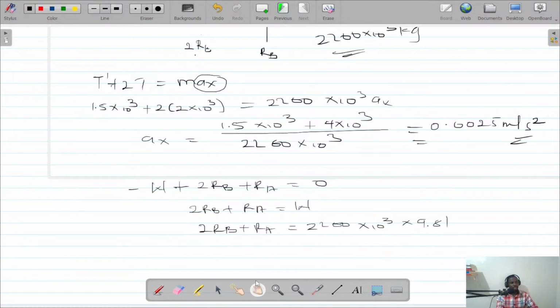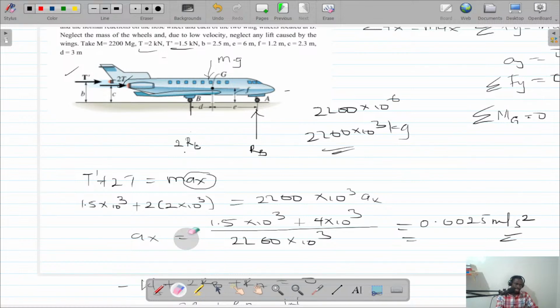Then you're taking moments about the center. Now pay attention, this is the part where it's very important. There's a center. If you look at 2T, the distance from 2T to the floor is C, and the distance from the center to the same floor is F. Now look at the difference.